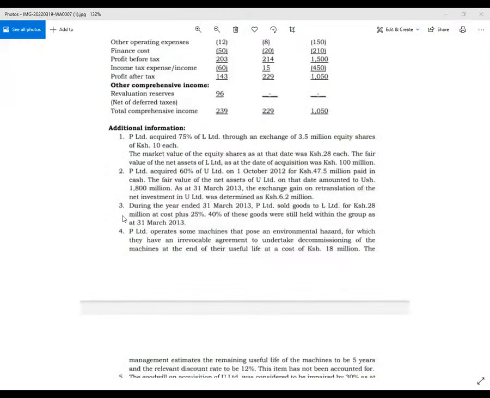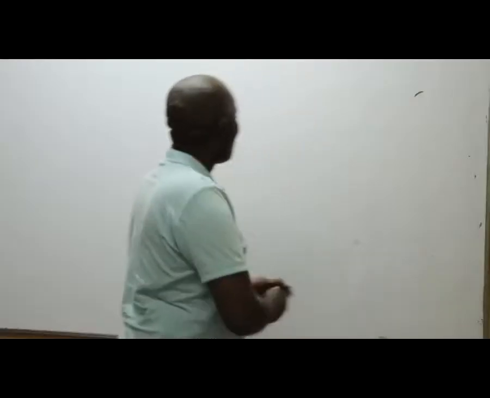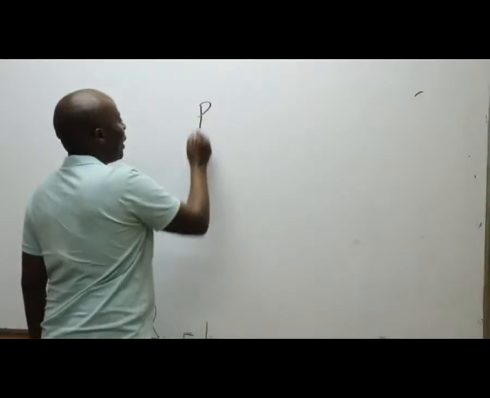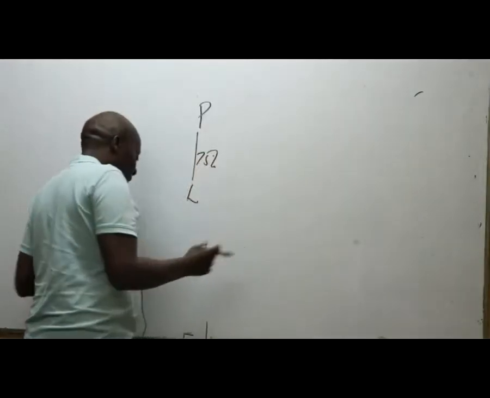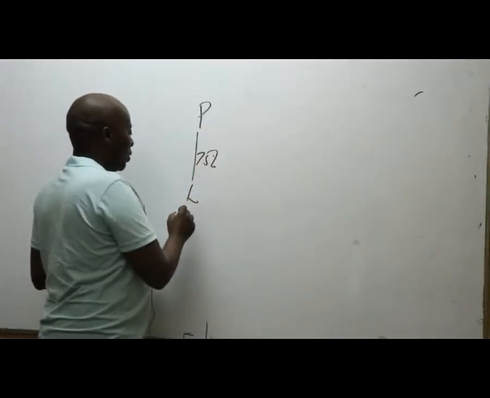How about L? For L, we have to be careful. We are told in note number 1 that we acquired 75% of L. So we have P here, which acquired 75% of L, a good subsidiary. Which dates are we looking at?